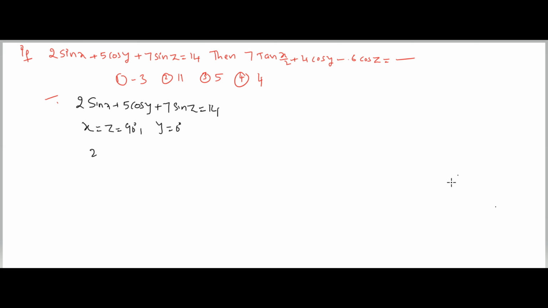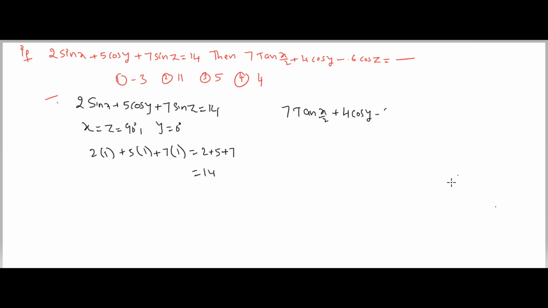Substituting, 2 into sin 90, that is 1, plus 5 into cos 0 degrees is 1, plus 7 into sin 90 degrees is 1, that is 2 plus 5 plus 7, that is equal to 14. So equation is satisfied.